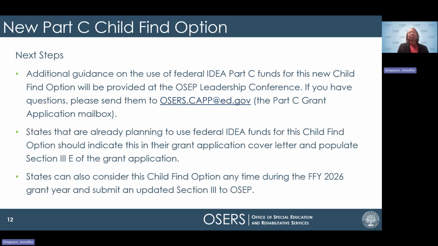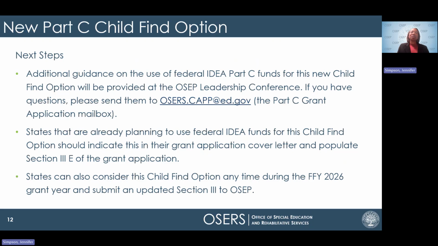And you can also specify in Section 3 of your document how much funds you anticipate using for this purpose. If, however, you need more time to give consideration to this, you have any time during FFY 2026 to update Section 3 to denote that you're going to use part of your IDEA Part C funds for this optional child find process.